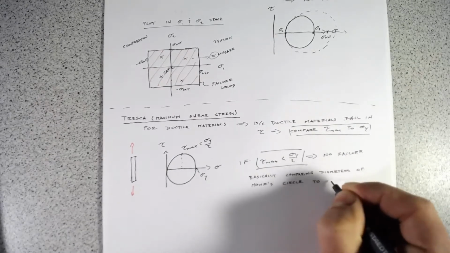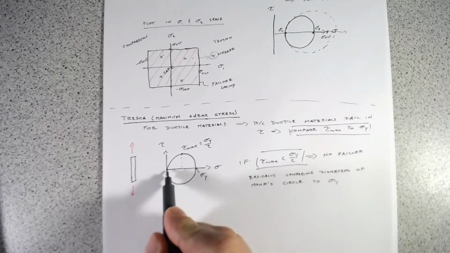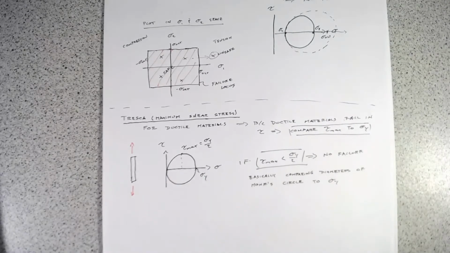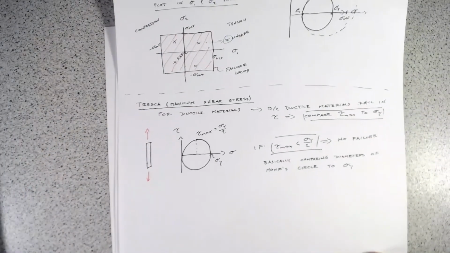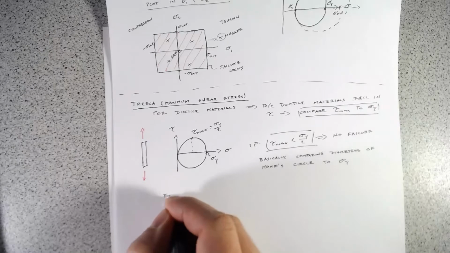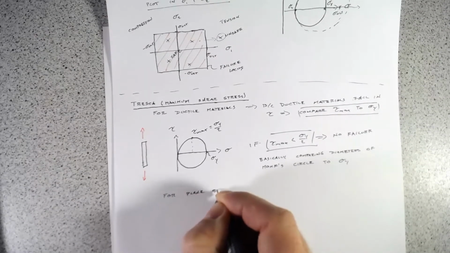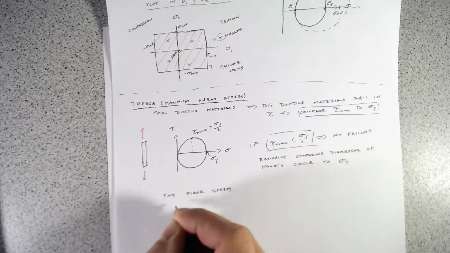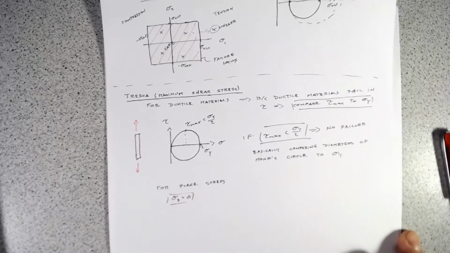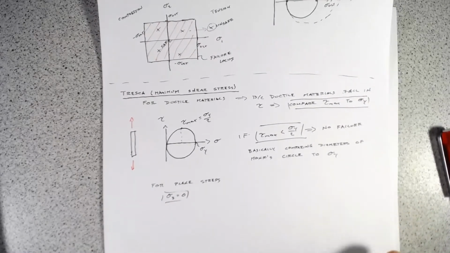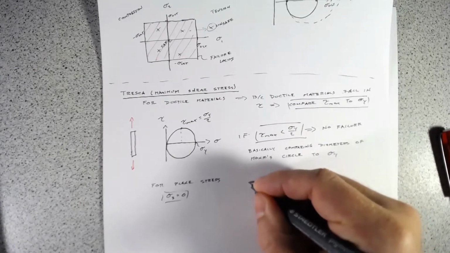And we compare those to sigma y, which, for plane stress, is the same as the diameter of the Mohr circle. So for sigma 3 equals 0, let's draw one where our sigma 1 and sigma 2 are the same sign.